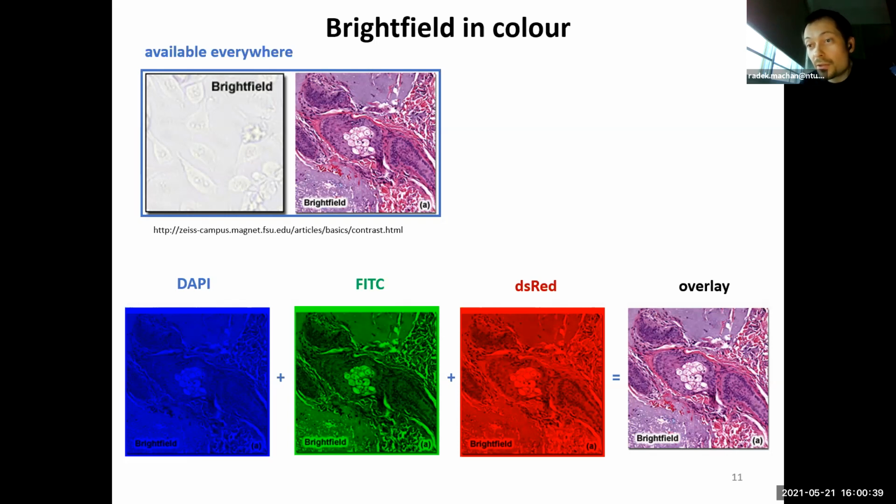If you want to use this, there's also in the manuals for the wide field microscopes a section which describes how to do this trick, and there are also experiment settings which you can load and which will automatically switch the channels for you, and you can acquire easily a bright field image in color.